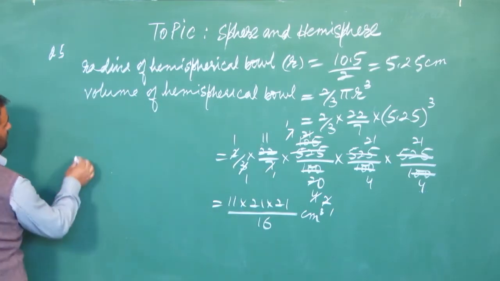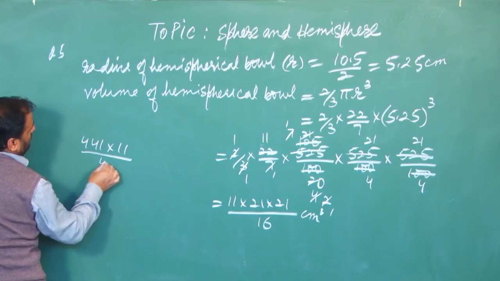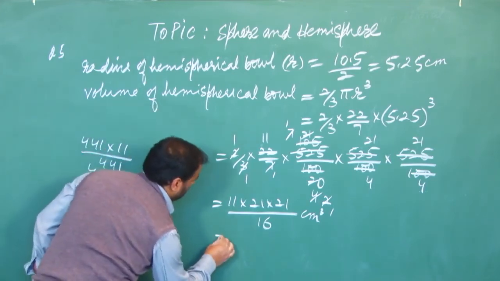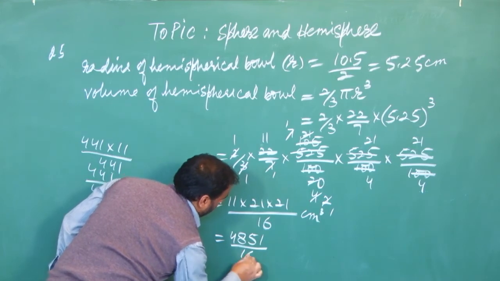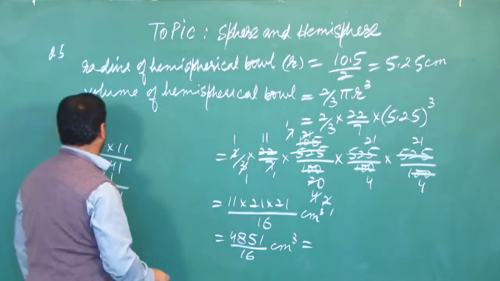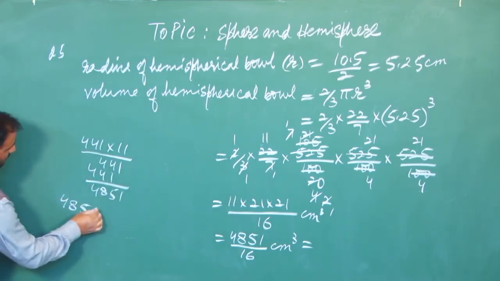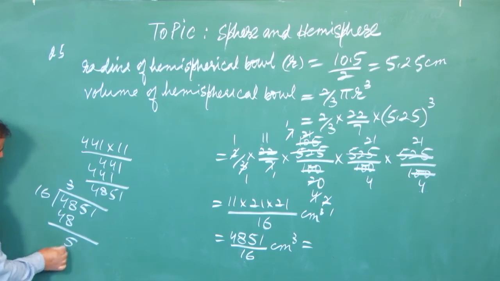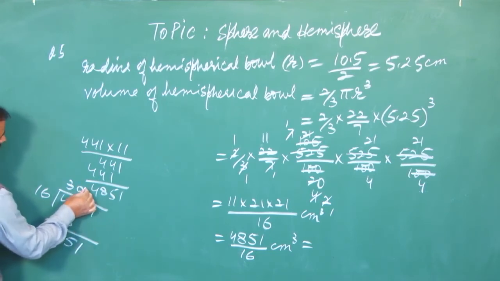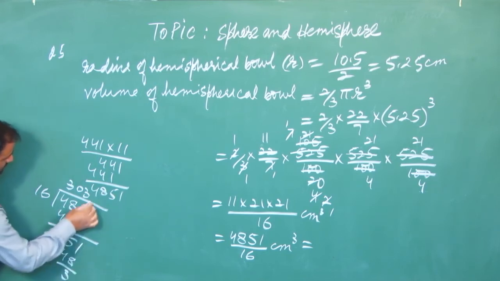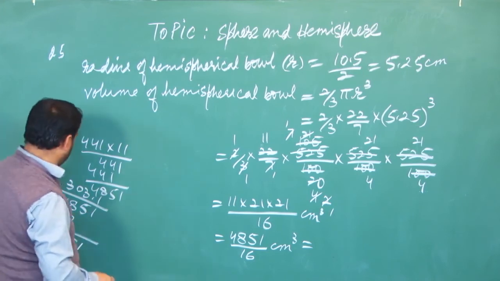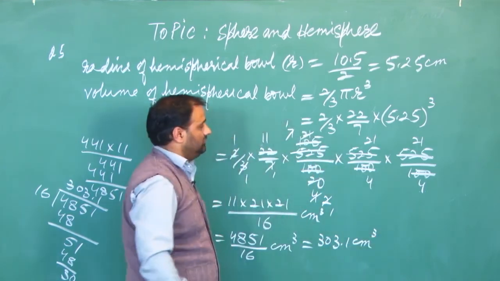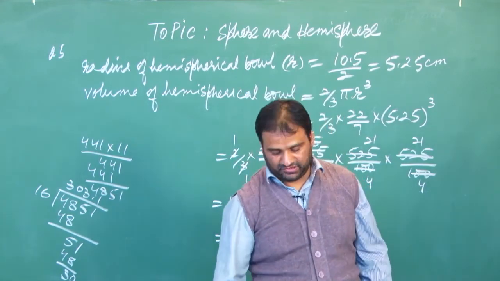On calculating this, 21 into 21 is 441, into 11, it is 4851 by 16 centimeter cube, which is equal to 303.1 centimeter cube approximately. So the volume of the hemispherical bowl is 303.1 centimeter cube.